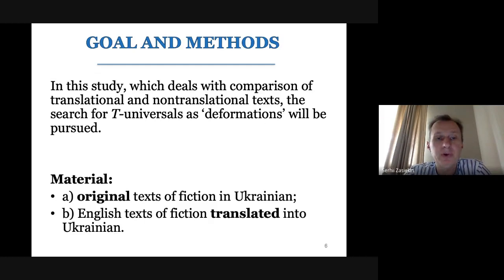So the material was original texts of fiction in Ukrainian, that is to say, texts of fiction written by Ukrainian writers, and the second part was English texts of fiction translated into Ukrainian. That is, those texts were translated from the English language.